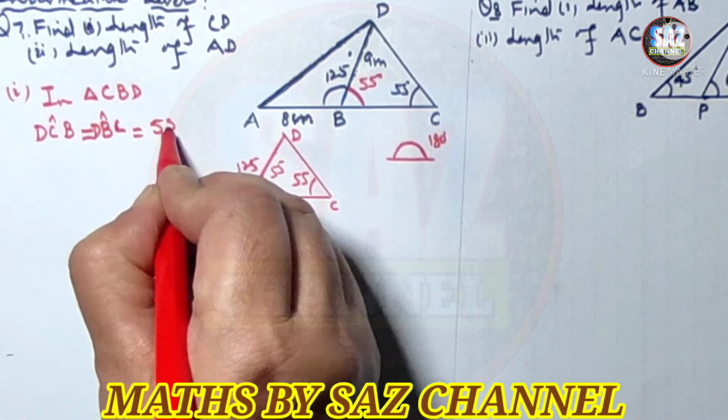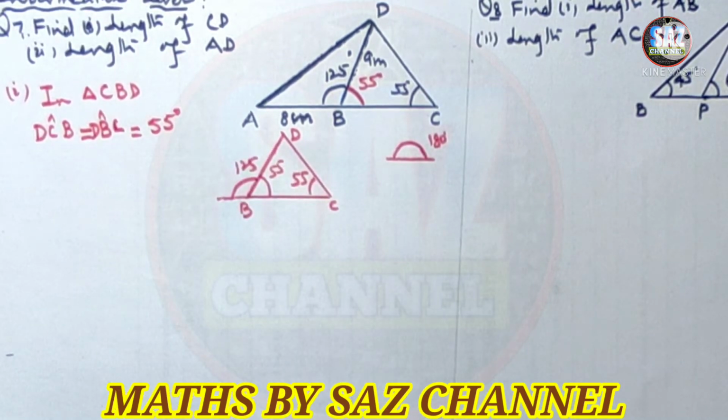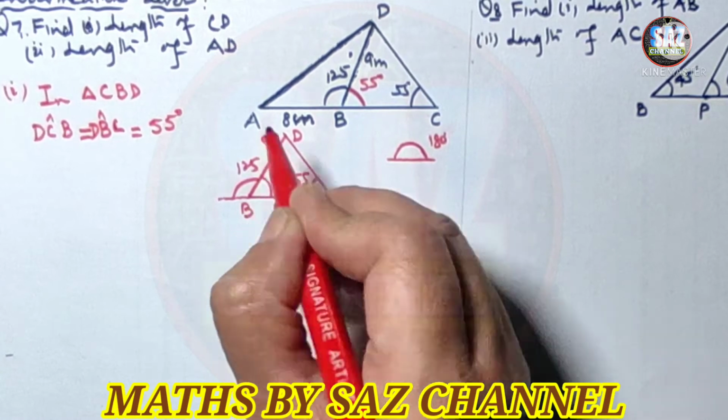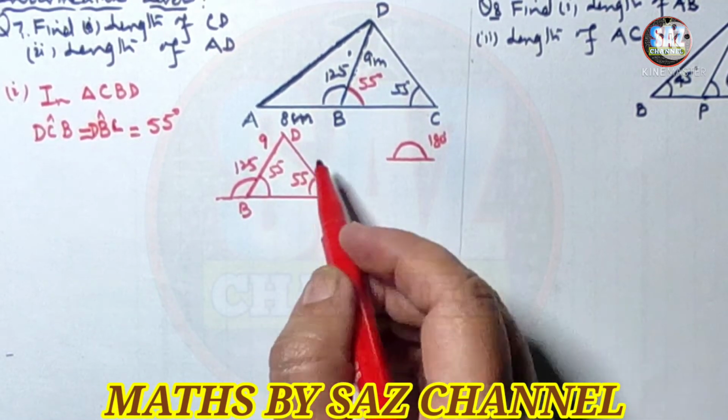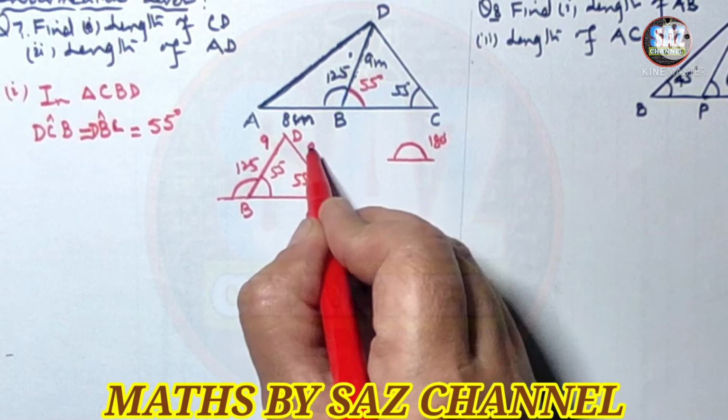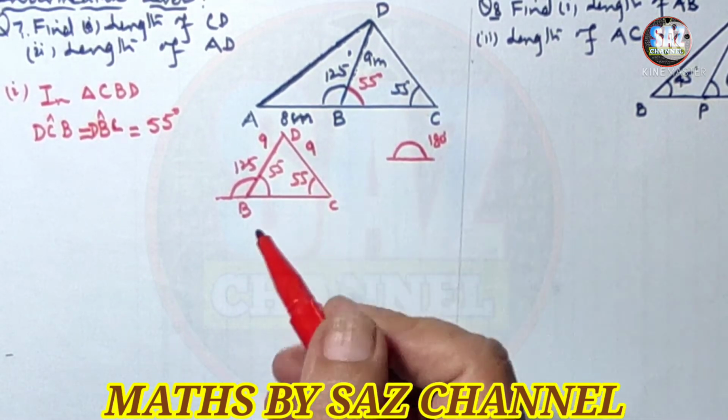Now recall, students, that if a triangle has two angles of equal measure, then what type of triangle is that? That is an isosceles triangle. And if two angles are equal, so two lengths will also be the same. So CD will also be the same.